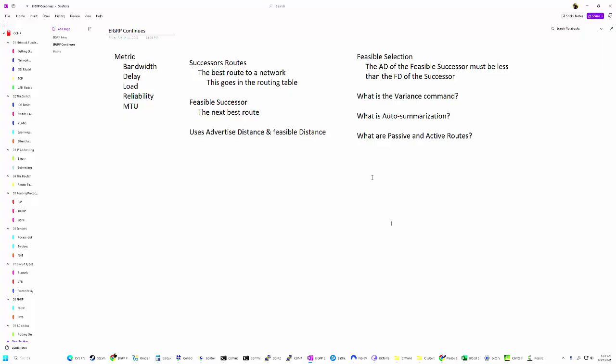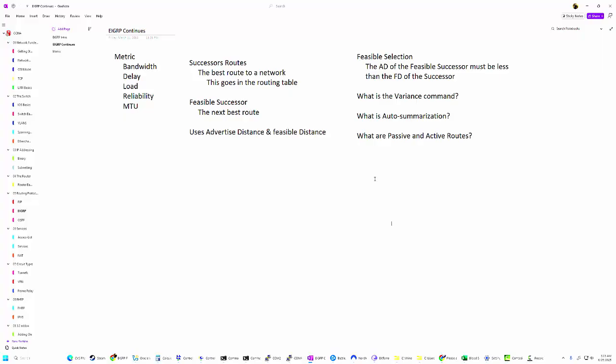If I have multiple links, now I definitely got to have a couple more routers put in here, or multiple paths going to a route and they're not equal, because by default if it's equal you'll have two paths in the routing table, and if it's not equal, in order for both those unequal paths to go into the routing table, use the variance command.